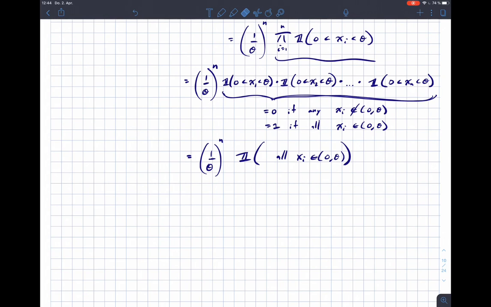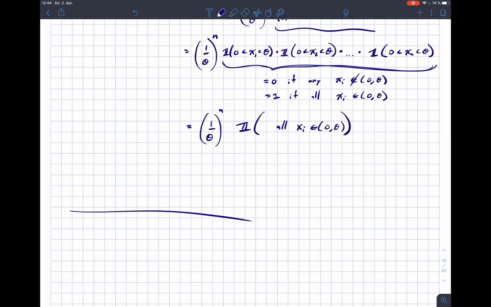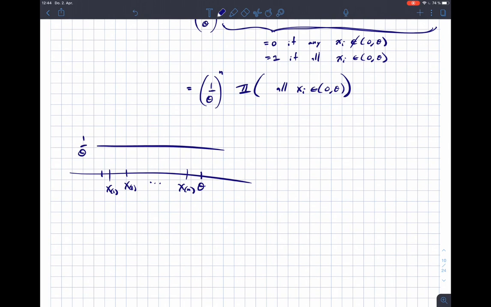Or, if I think about it, drawing my picture of the density again, 1 over theta. If I think about order statistics, I'm going to have the first one, the second one, and so on, and over here is the nth one. I know that the first one is the smallest, and then all these other ones are in the middle, and then xn is the biggest.